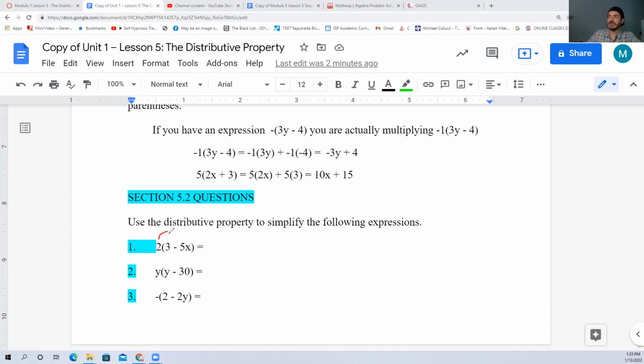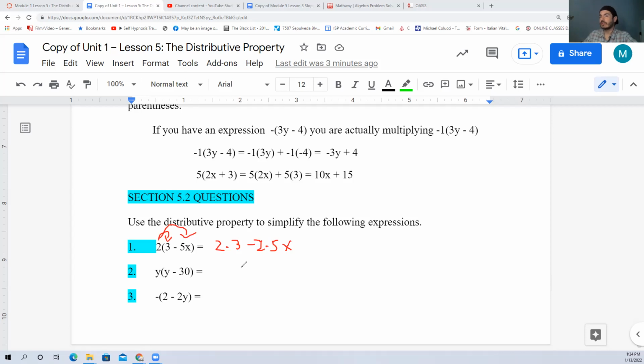Okay, so we've learned that this means to distribute. I'm going to allow this 2 to multiply by both of these terms. So this is 2 times 3 minus, because that's the relative operator, 2 times 5x. Okay, so I can multiply the 2 and the 5 and the x together, even though I don't know what x is.